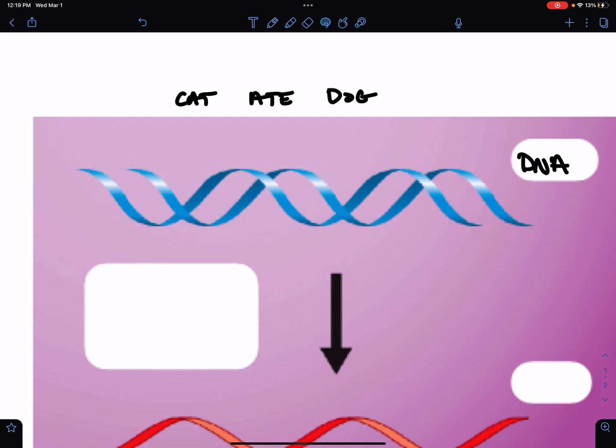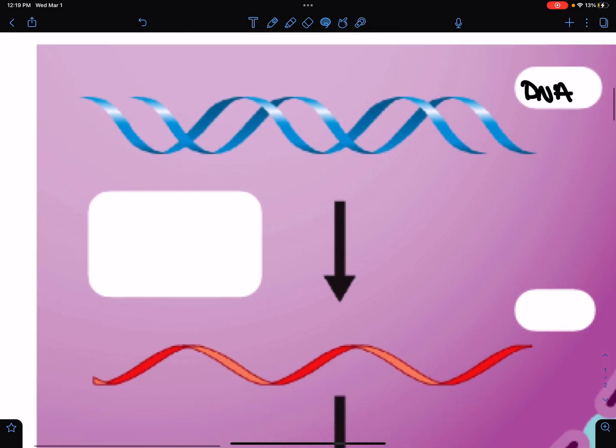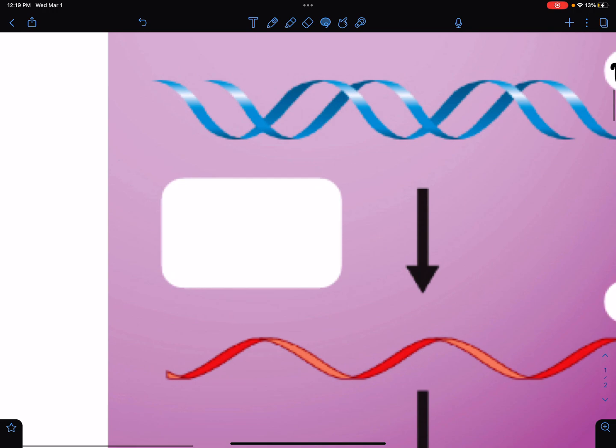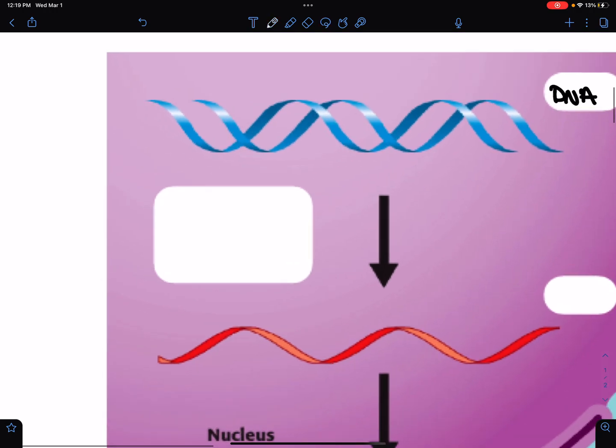If we rearrange this to say dog ate cat, it means something different. The order of the nucleotides in the DNA, the sequence, is important. If you rearrange the sequence, then you get a different meaning. We're going to talk about that much more later on, but that's a good general analogy for how DNA is encoding a message.